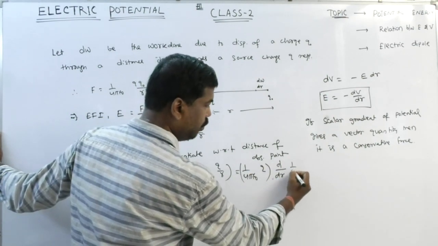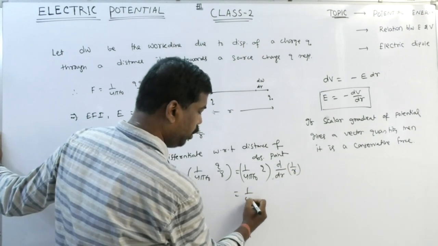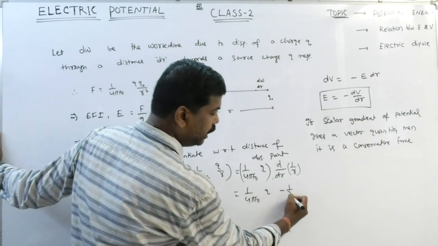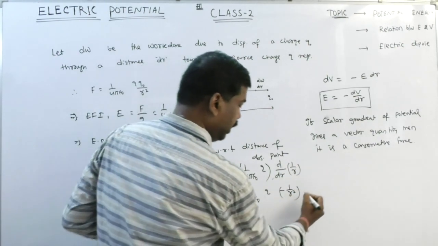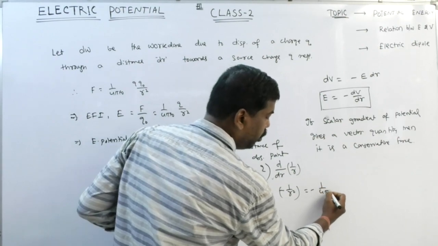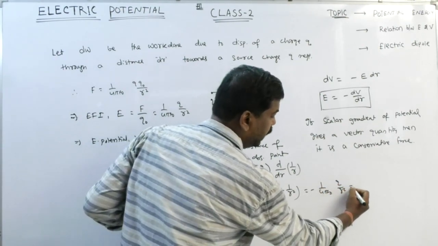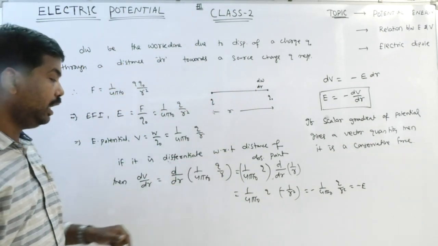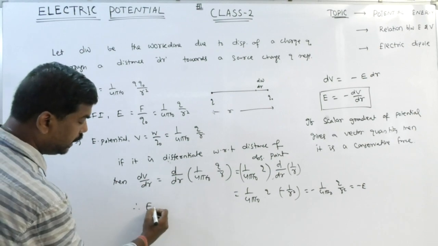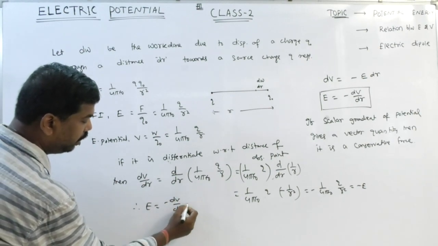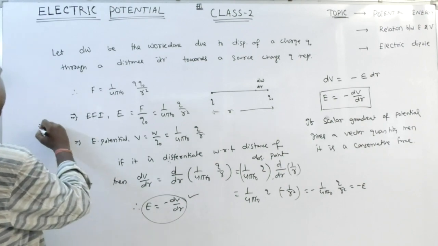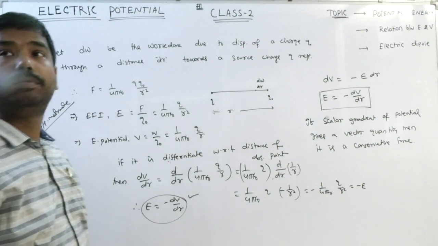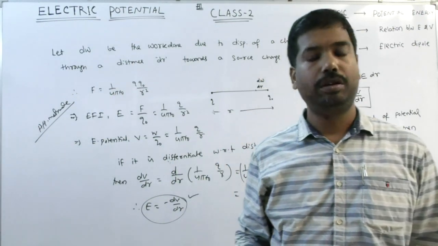D by dr of 1 by R is minus 1 by R square. It is found to be minus 1 by 4 pi epsilon 0 Q by R square. It is nothing but the electric field. Look at it here, 1 by 4 pi epsilon 0. Hence E is equal to minus dV by dr. This is also an alternative method. Clear? Did you get me? Next.